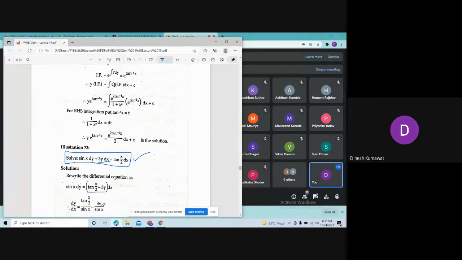Okay. Now observe this and tell me which is my P and which is my Q. Sir, P is 3 upon sin x and Q is tan x by 2 upon sin x. Minus sin x or divide by sin x? Sir, the minus shifted it to this side, so it is divide, right? Yes sir.